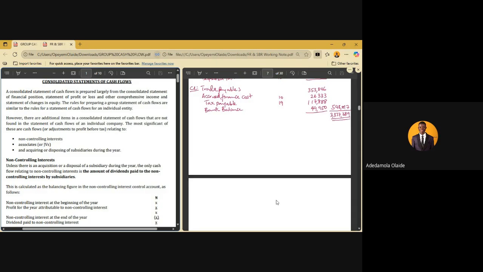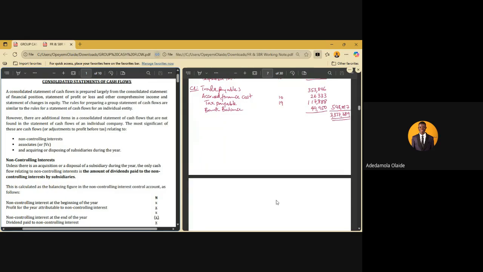However, based on the knowledge we've already had with separate entity financial statements, a financial statement cannot be prepared without having prepared the statement of profit or loss and the statement of financial position.